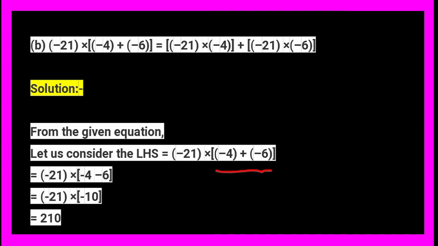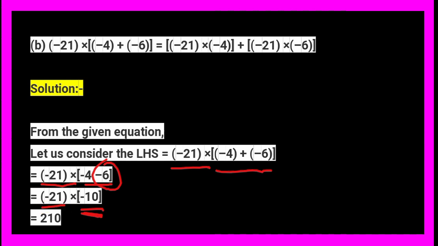So first we need to solve these brackets, and we write this minus 21 and multiplication sign as it is. Minus 4 minus 6 is equal to minus 10 because plus minus is minus. So we need to do addition. 4 plus 6 is equal to 10, and we take the sign of the greater number, which is negative. That's why it is minus 10.